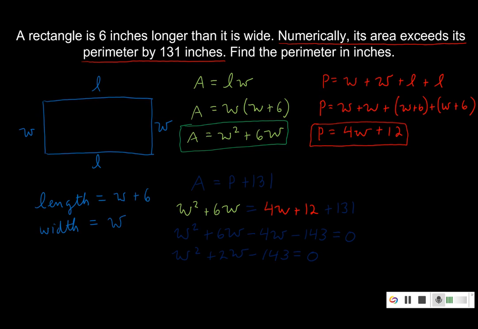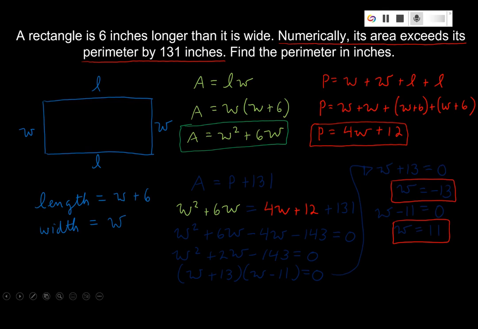Now we're going to factor the left side of our equation. Okay, so factoring w squared plus 2w minus 143 gives us w plus 13 times w minus 11. Now that I have the left side factored, I can set each of those factors equal to 0 and solve. So that gives us w is equal to negative 13 and w is equal to 11.